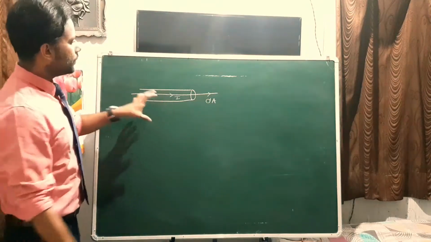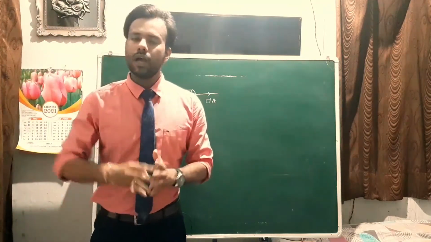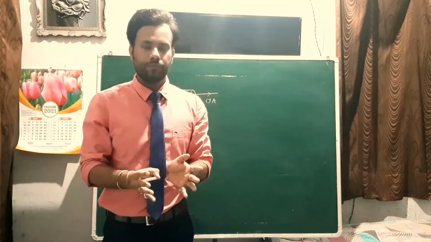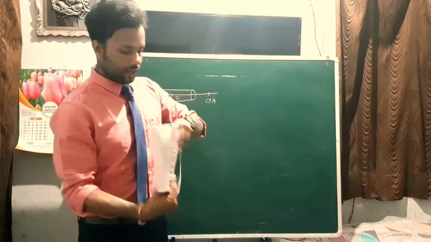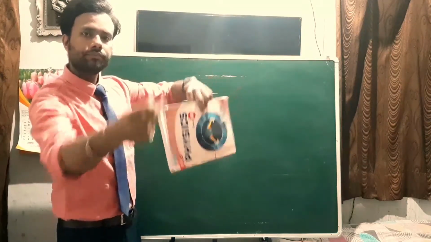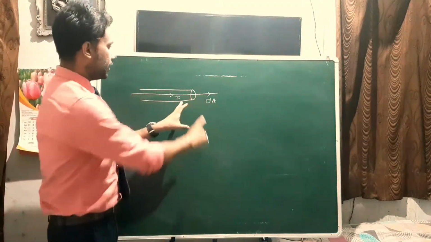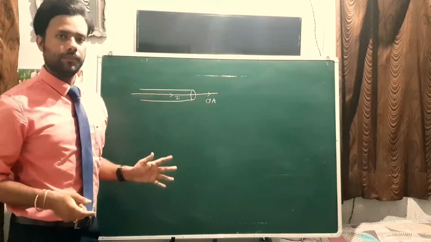Now you can see here, the direction of the area vector is always normal outward to the plane area, right? Suppose this is the book, okay? So if this is the area, the area vector will be the outward normal. So in this case, it's fine. You can see that I and dA are along each other.